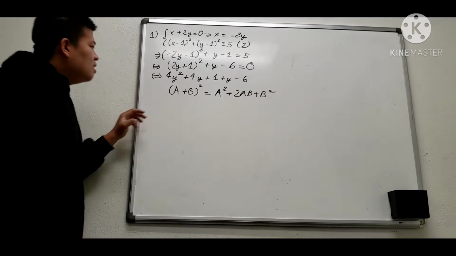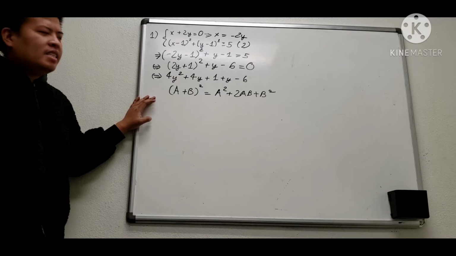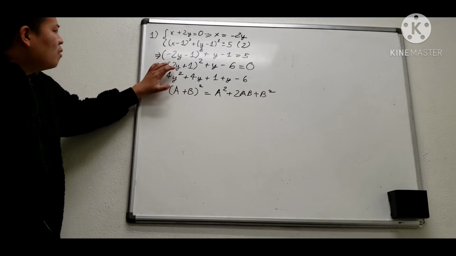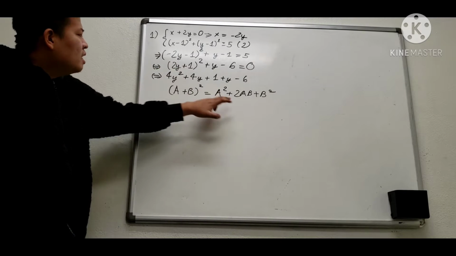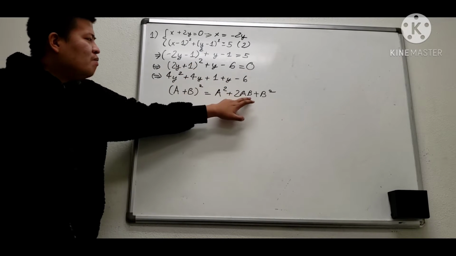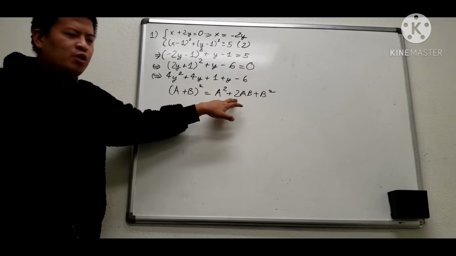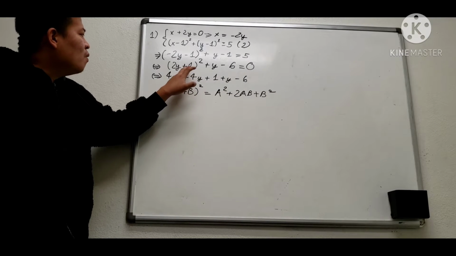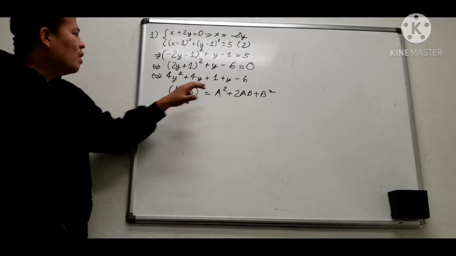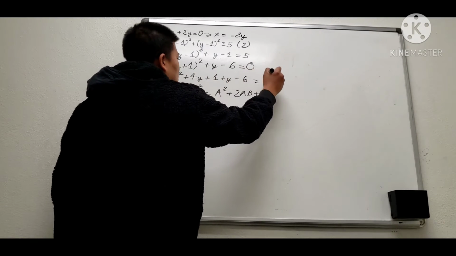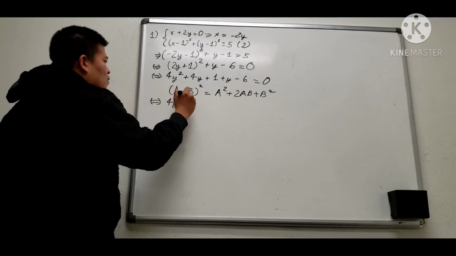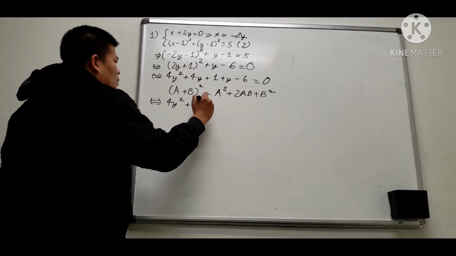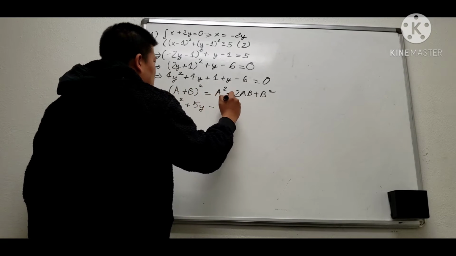This is the formula of the identity. So 2y becomes 4y power 2. 2y is a, 1 is b. 2y multiplied with 2 gives 4y. 1 power 2 is still 1. And you get 4y power 2 plus 5y minus 5.